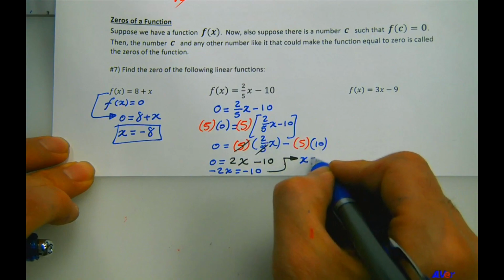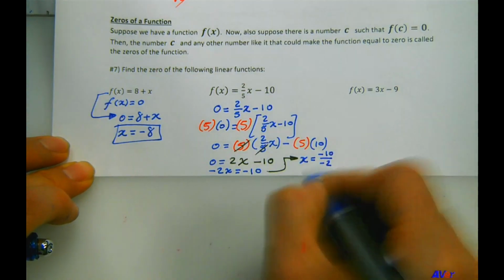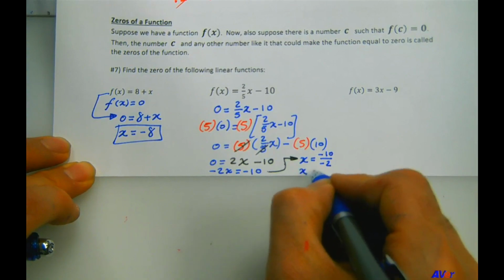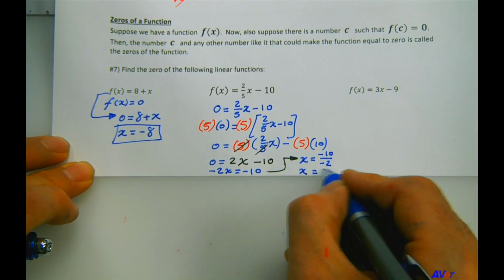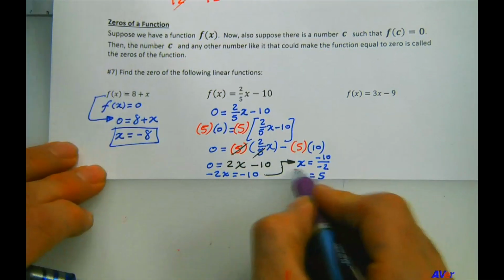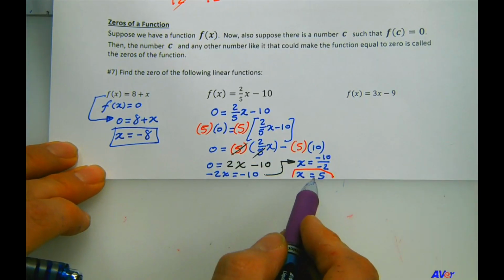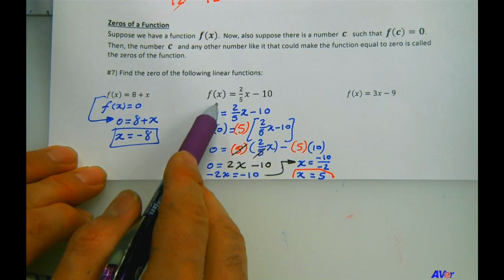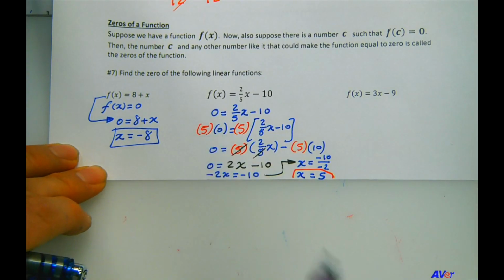What do we end up with? We end up with minus 10 divided by minus 2, and x equals minus 10 divided by minus 2. It's positive 5. So x equals 5 is the 0 of that, let's see.